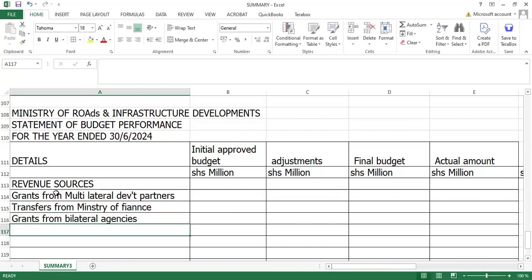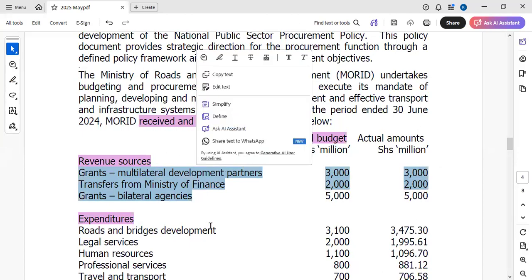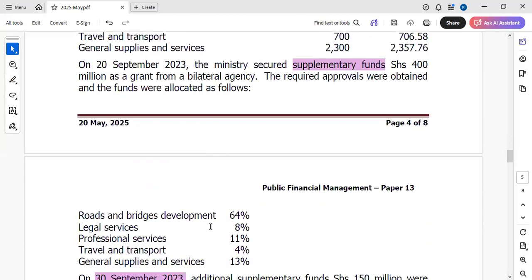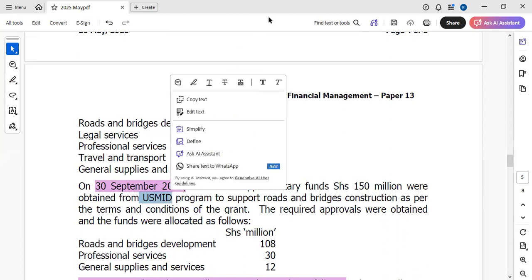But you saw from your case study that we have another what? Another money coming from what? From another entity. Initially, we had only 3 sources, but here we have another money coming from USAID.